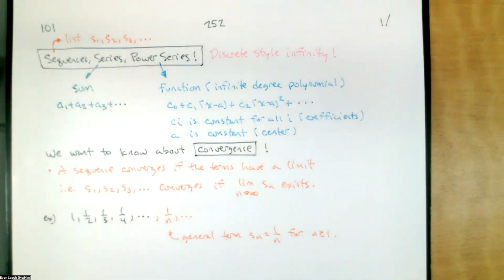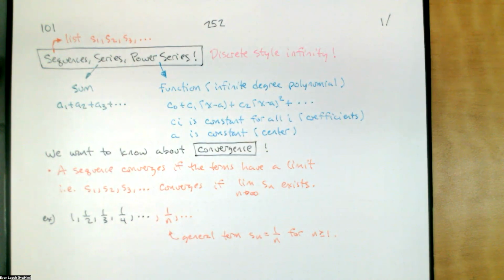If I want to describe this sequence, I can say the general term is 1 over n for n starting at 1, for n greater than or equal to 1. This is where you write the general term.